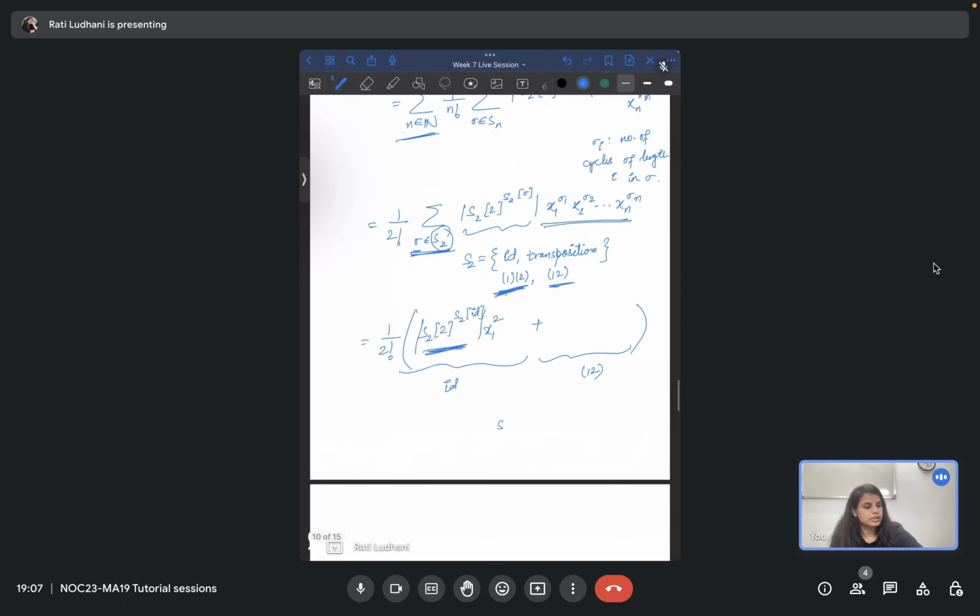So S2 of identity is the map you are considering right now. Here you have S2 of 2, the set of permutations on 2. So there are two elements here, right? Where these are mapping, that is the point.